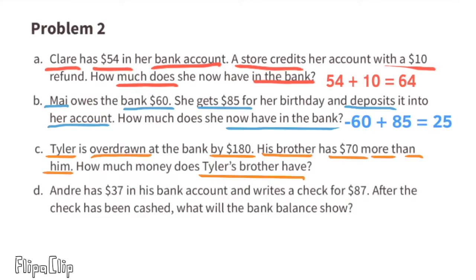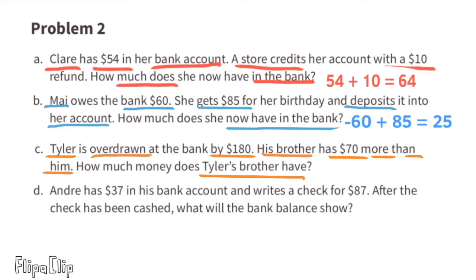C. Tyler is overdrawn at the bank by $180. His brother has $70 more than him. How much money does Tyler's brother have? They're both going to be in the negative. Overdrawn means that you've spent more money than you had.